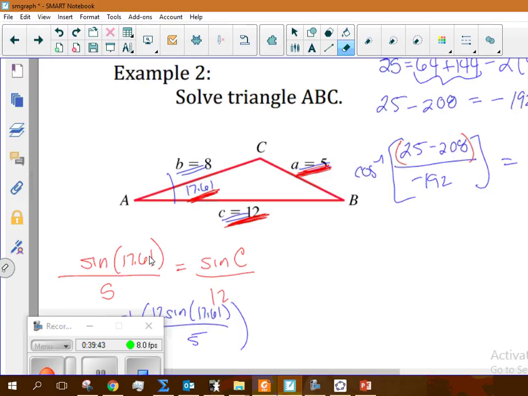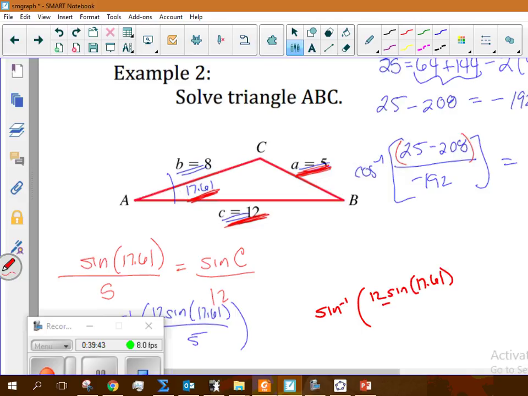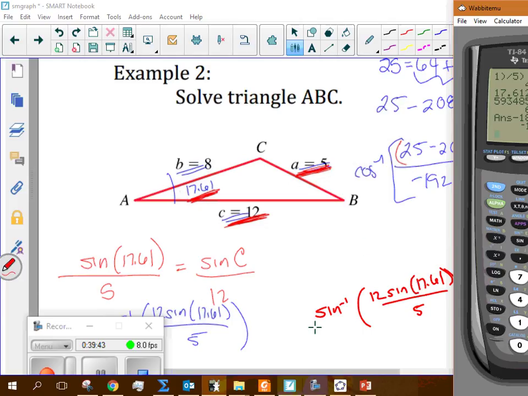What happened was we took this law of sines proportion here, and we ended up getting, it's here in blue, I know you can't see it, so let me write it over here, sine inverse of 12 sine 17.61 over 5, and that should give me angle C. Well, when I calculate that, it gives me angle C to be this number right here, this 46 point, I'm just going to say 46.5 number.